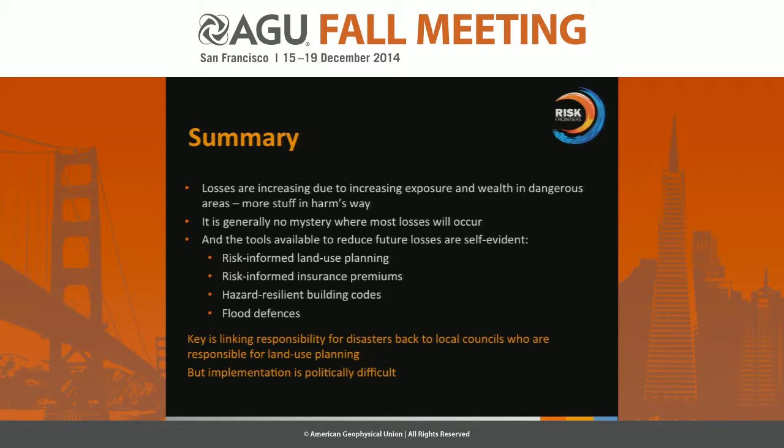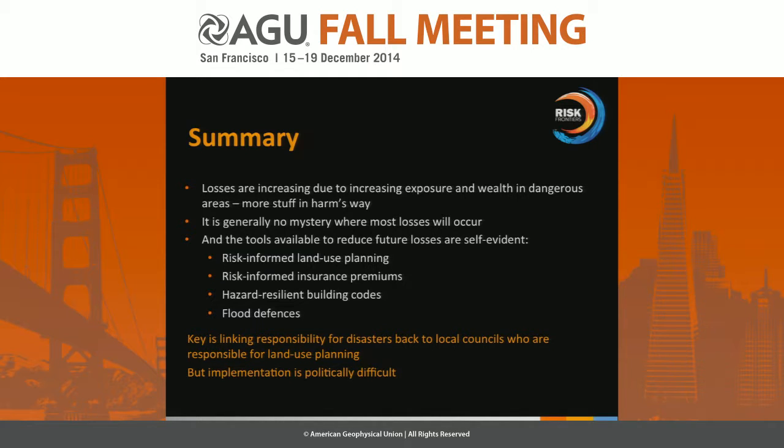Things like Christchurch obviously was a surprise, and Tohoku, but very generally, floods, water runs downhill and collects in the low parts of the landscape, so it's not a surprise. And in bushfire, if you build in Victoria in the bush, then sooner or later you're going to have to deal with it. So the tools really are very prosaic.